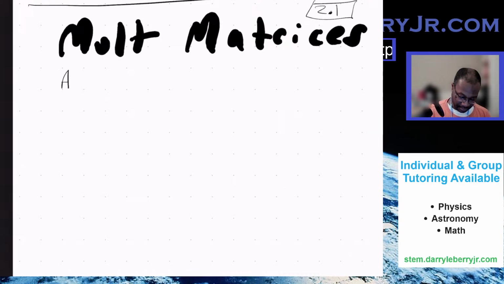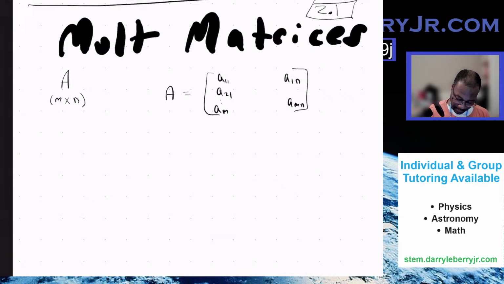If you have a matrix, you'd always have a certain number of rows, usually denoted by M, and columns, N. So A equals A 1 1, A 2 1, A M N, A 1 N, A M 1.